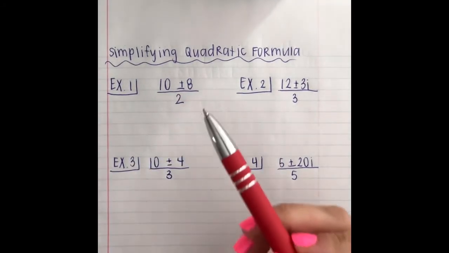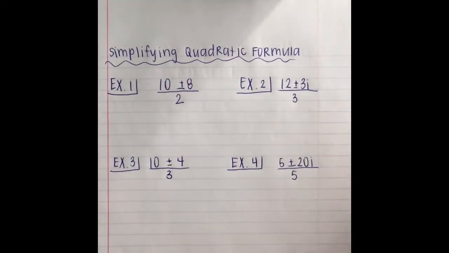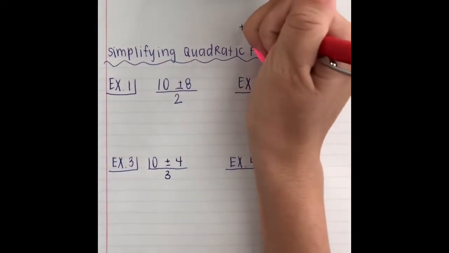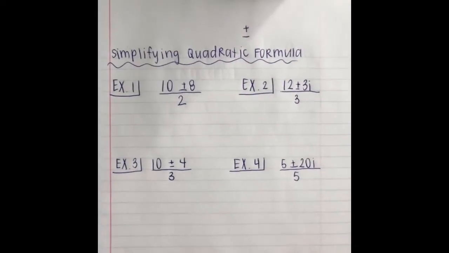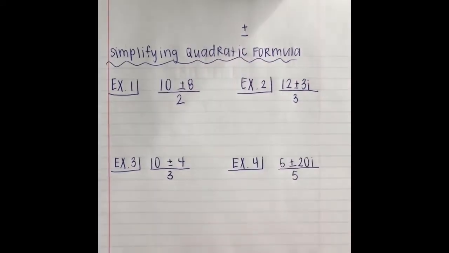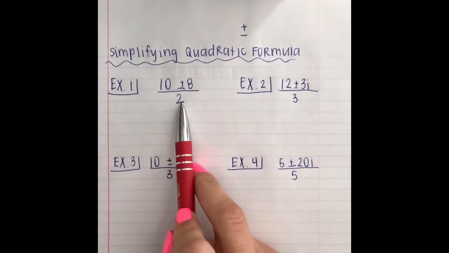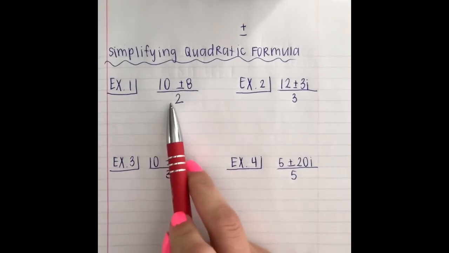So the first thing I want you to notice is that this sign is a plus or minus, okay? So when you have a plus sign on top of a minus sign like this, it means plus or minus, so you have to do both. So this is really 10 plus 8 divided by 2, and also 10 minus 8 divided by 2.